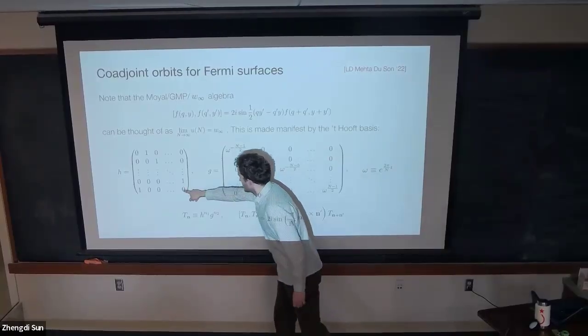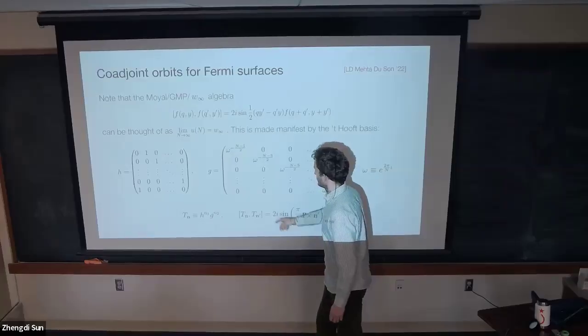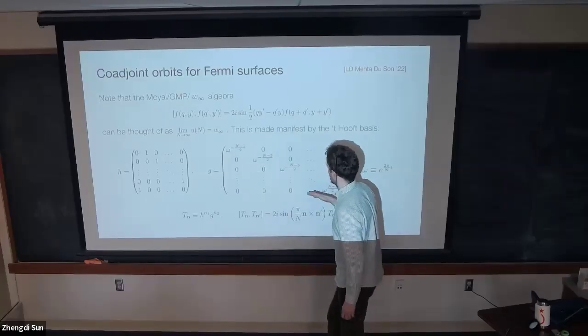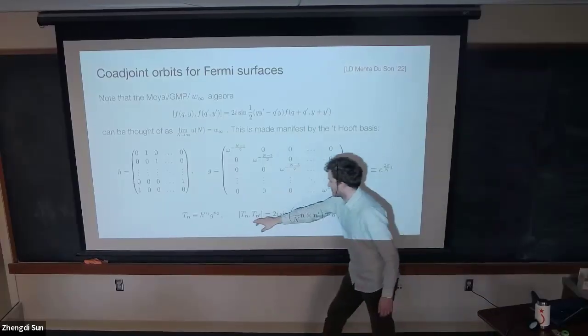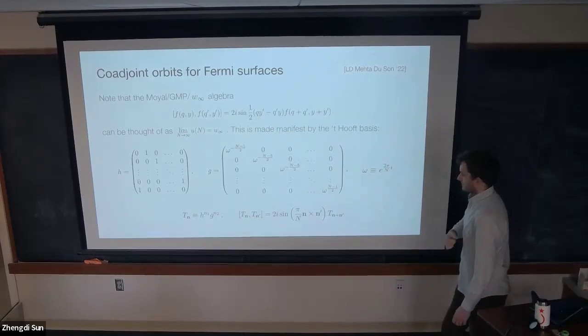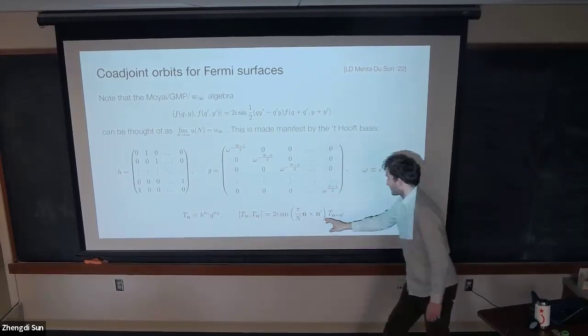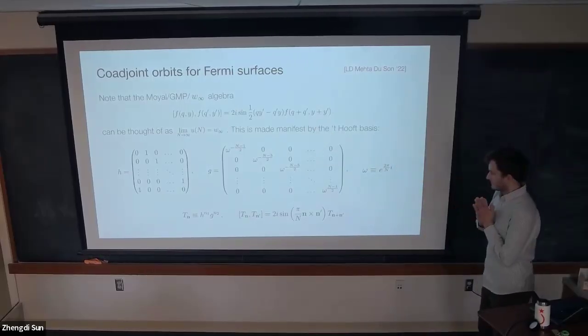So H, the matrix H here, shifts things, translates by one, whereas G measures position proportional to the space. If you take powers of these matrices, that gives you a basis of U(n). And the commutators of these matrices is exactly this Moyal bracket that we had earlier. Okay, so that makes sense.